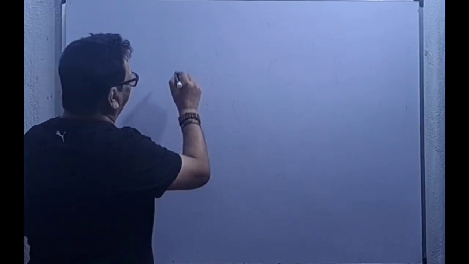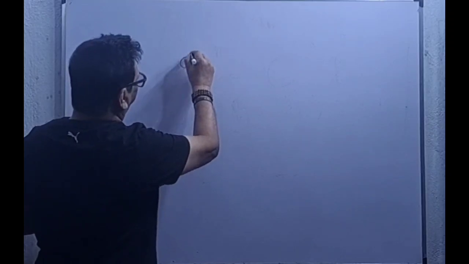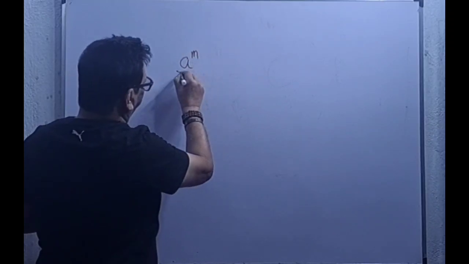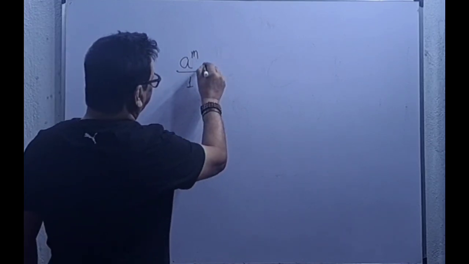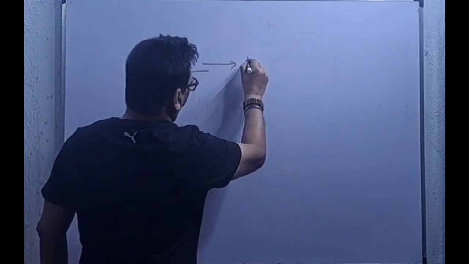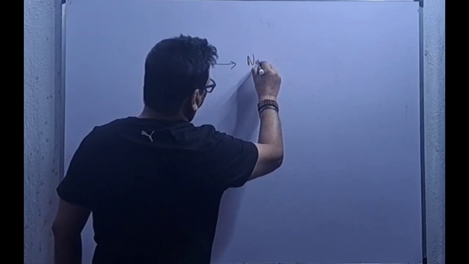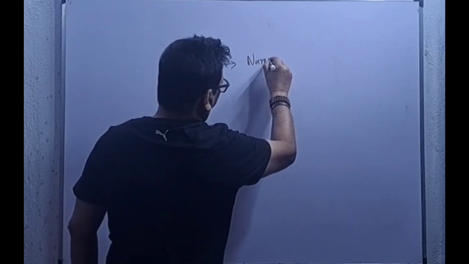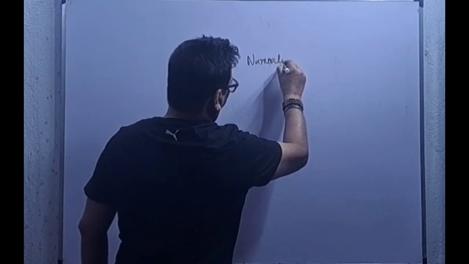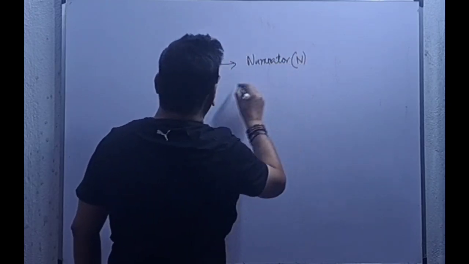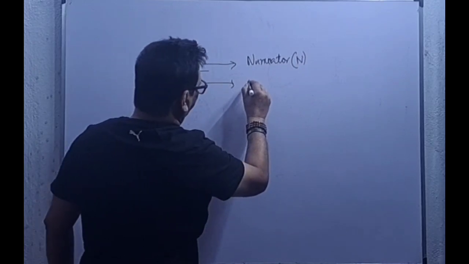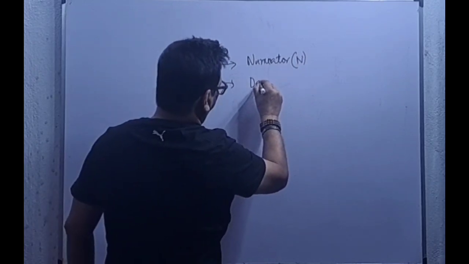See, a to the power of m, we can write it as a^m by 1, right? Now see, this is called the numerator. We'll call it n, and this is called the denominator.